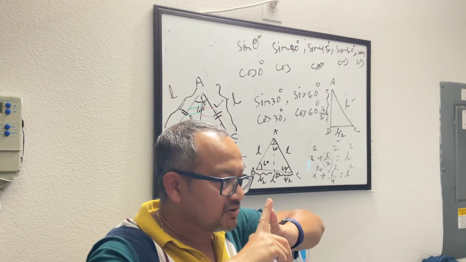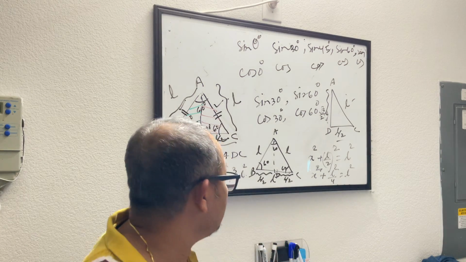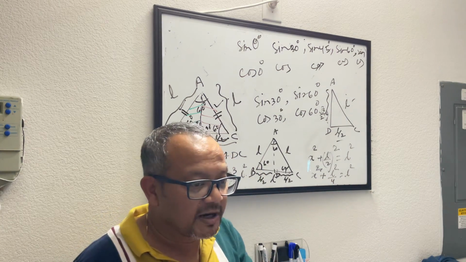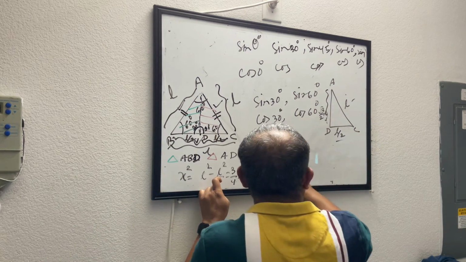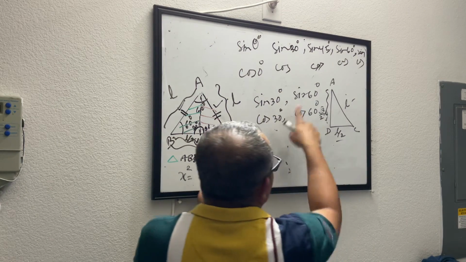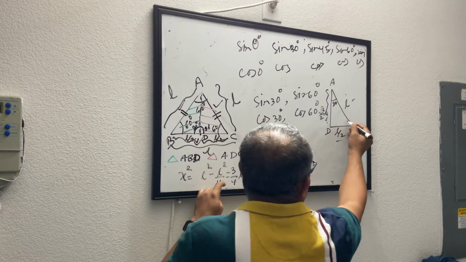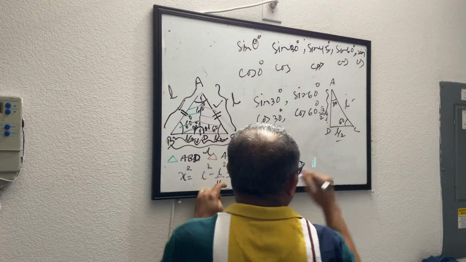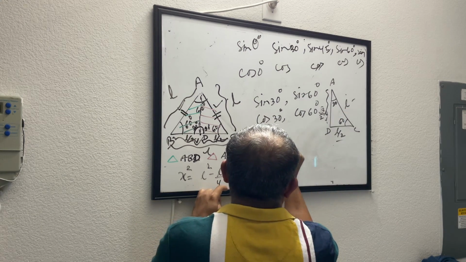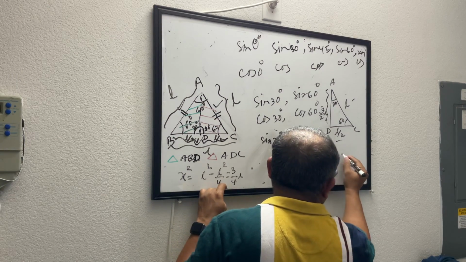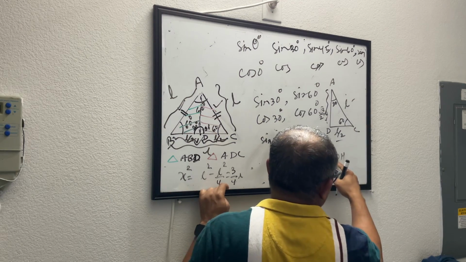So I was talking about Pythagoras theorem, we saw application of that. I was talking about theorem of congruence, we saw the application of that. Now I'm going to go back to SOHCAHTOA, and SOHCAHTOA will tell me how much would be my sine, cos and tan for 30 and 60 degree, let's say from this one. If this is my 30 degree, this is my 60 degree because this is after splitting, right? So, let's say I'm talking about sine of 30 degree. SOH, so sine of any angle is opposite side divided by hypotenuse.